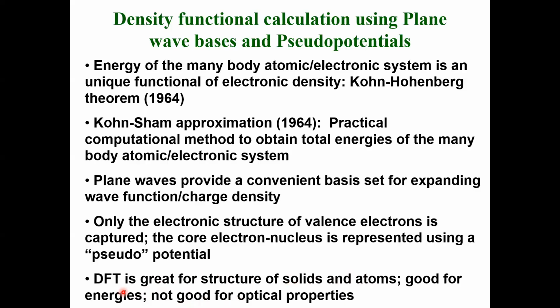When we are talking about optical properties, usually an interaction between matter and radiation causes certain excitations. The electrons are excited to higher level orbitals, and these excitations are not well captured by density functional theory. Much of the properties that are called ground state properties, ground state energies, can be well captured within density functional theory.